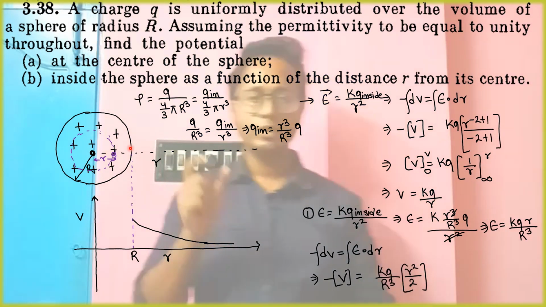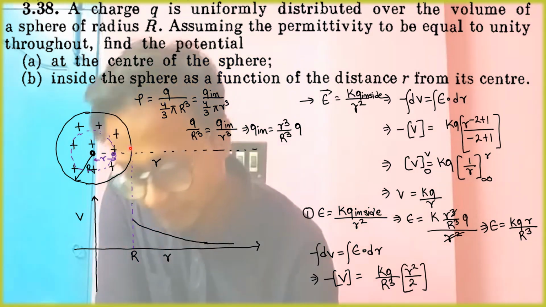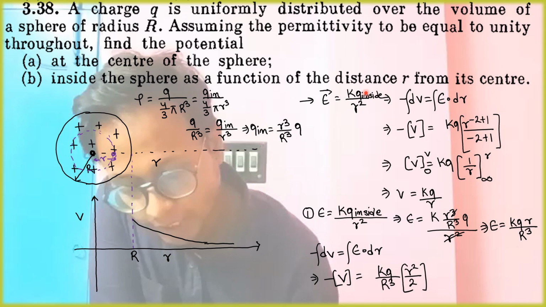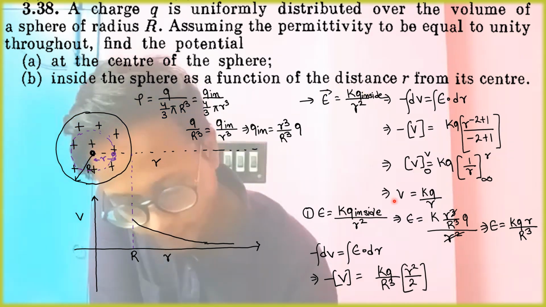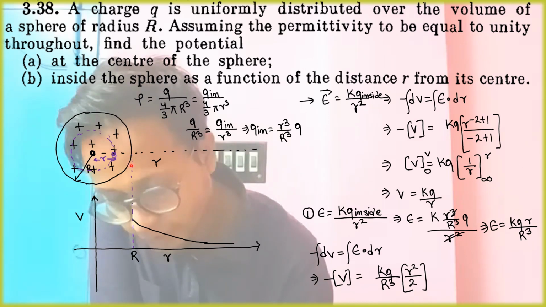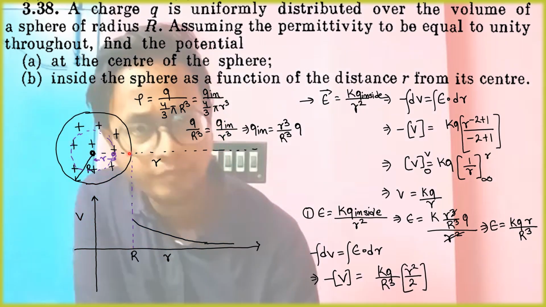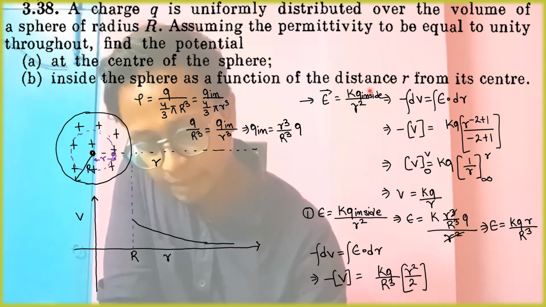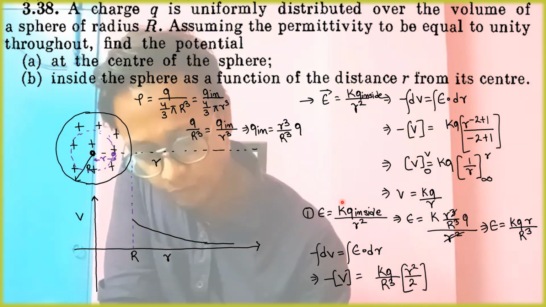So my reference point would be at the surface. Irrespective of the formula I use, the potential of the surface would always have the same value, no? Understood?